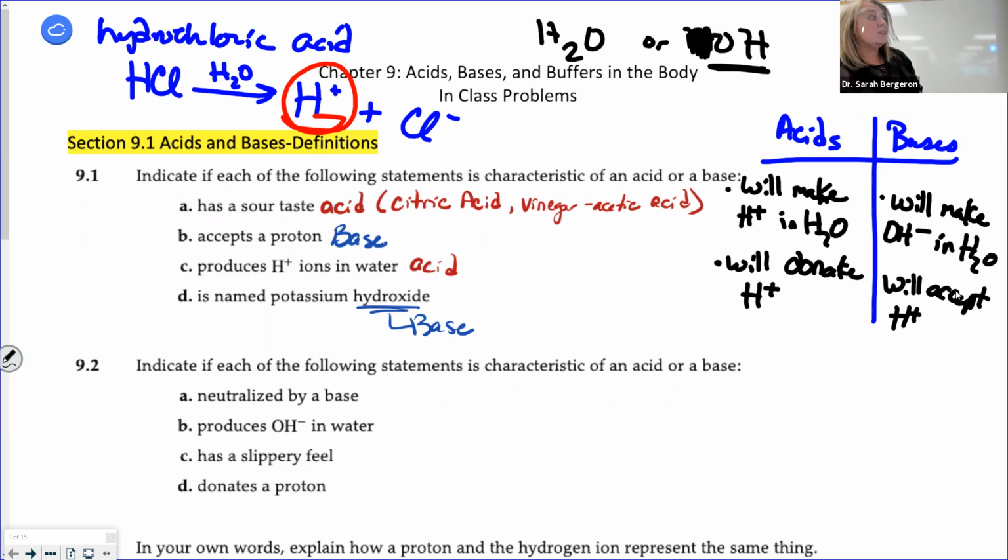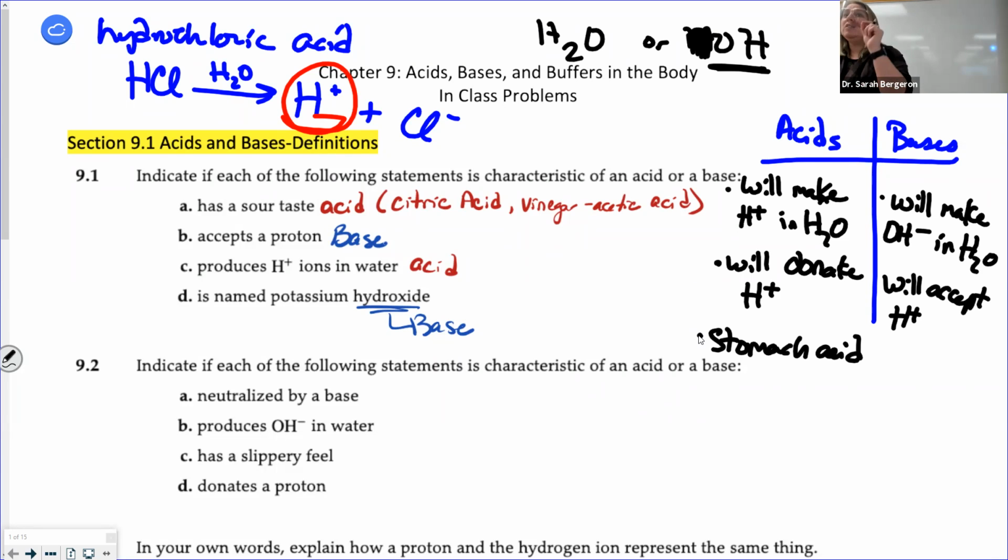So let's talk about some characteristics of acids and bases. Where might you find acids in your body? Are you listening? In your stomach. So stomach acid. What are some things that are acidic that we like to ingest? Things that are sour are acidic.